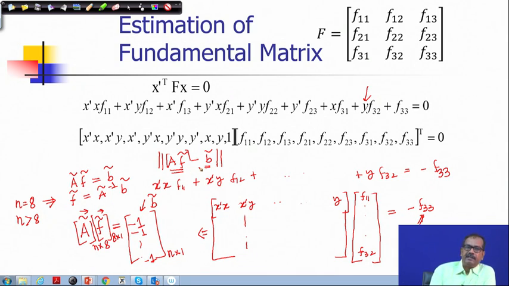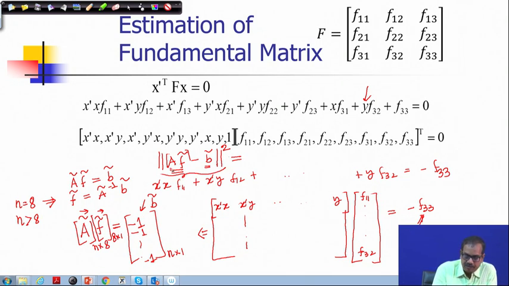So, if I take the norm of this vector, which is nothing but the sum of the square of its elements, and you can take the square root also, or use the square of the norm, you have to minimize this.